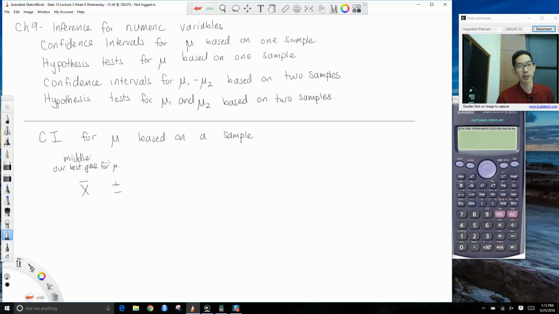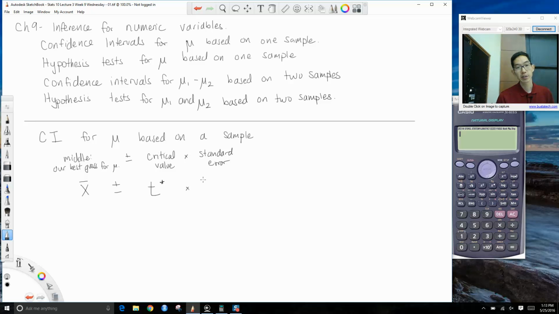So we have x bar plus or minus our margin of error, which consists of a critical value times the standard error. For our critical value we use the t distribution.